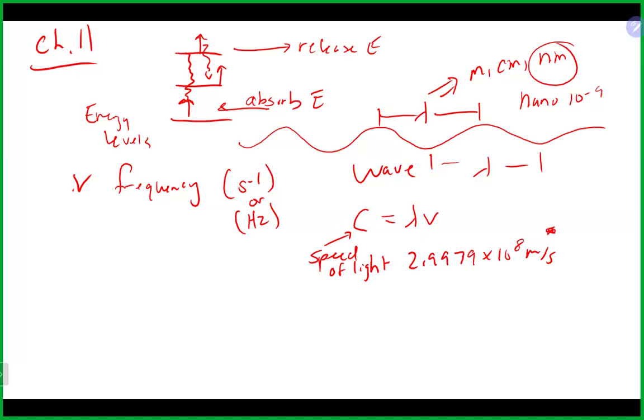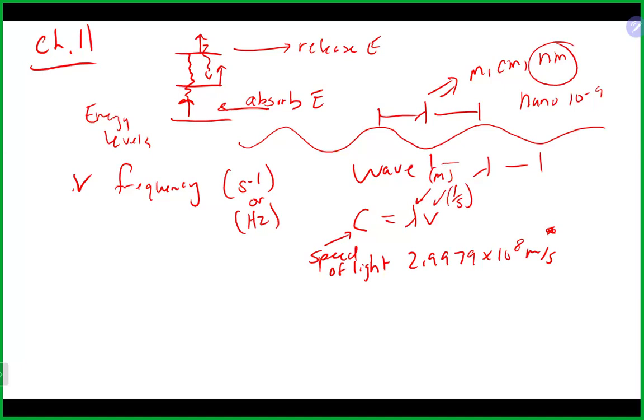And that's something that you should know. Because that's a constant, if we know the wavelength or the frequency, we can calculate the other. When you are using this formula, the wavelength does need to be in meters for everything to cancel out correctly. So the wavelength should be in meters, and the frequency should be in reciprocal seconds.